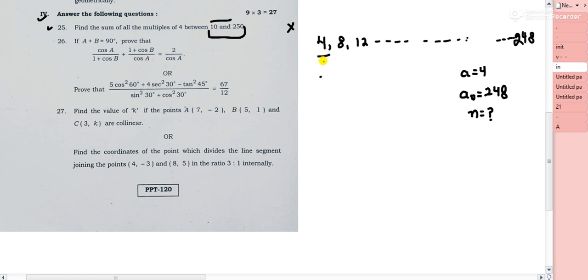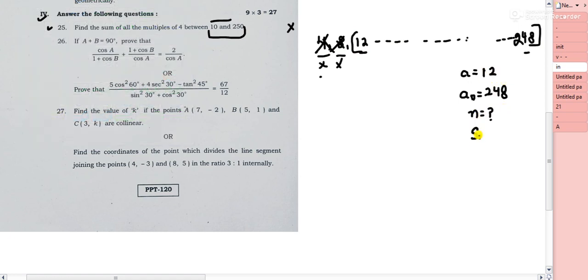So 4 is not between 10, it starts from 12. Correct? So remember this and keep this in mind. 12 will come after 10 and 248 comes before 250. So your first term will be 12. Got it?